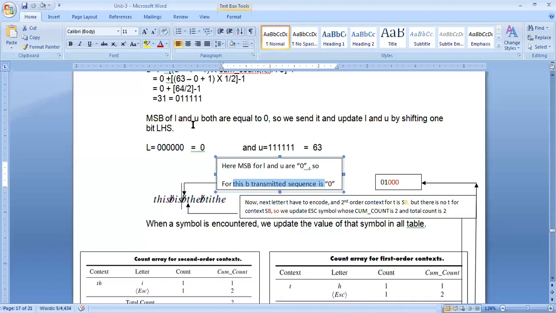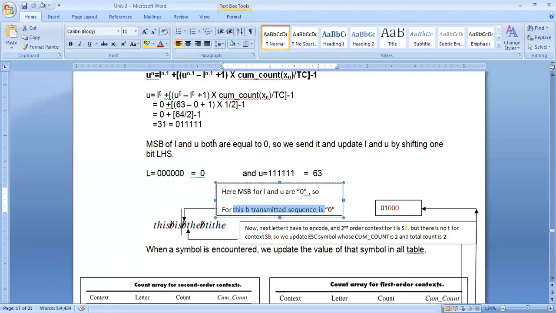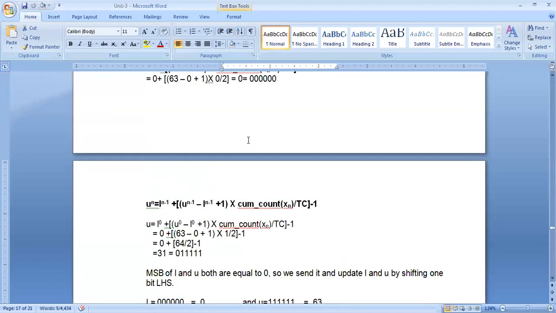After that, we again update the values of L and U by shifting one bit to the left-hand side. You have already studied how we shift values one bit right-hand side or left-hand side in first year C language. When we shift this 0 one bit left, the 0 will be dropped and a 0 is added on the right side.